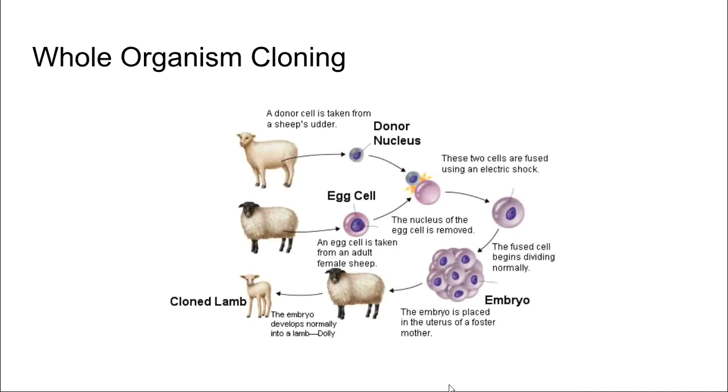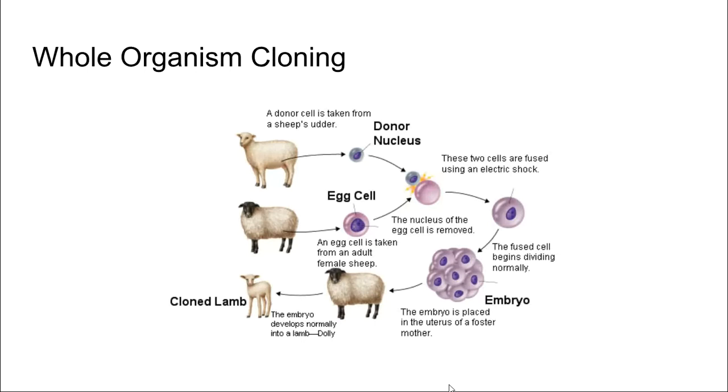Here we see a picture. We saw a donor cell taken from a sheep, and we use the nucleus. We then see an egg cell taken from another female adult sheep. The nucleus of the egg cell is removed, and we put in the nucleus from the donor. To allow the egg and the nucleus to join, we have to provide an electric shock, which allows these cells to fuse.